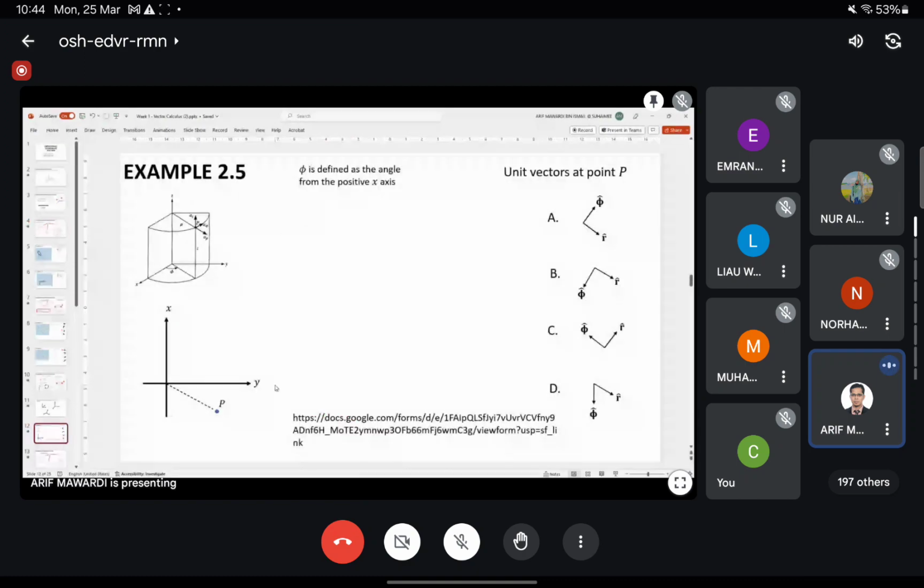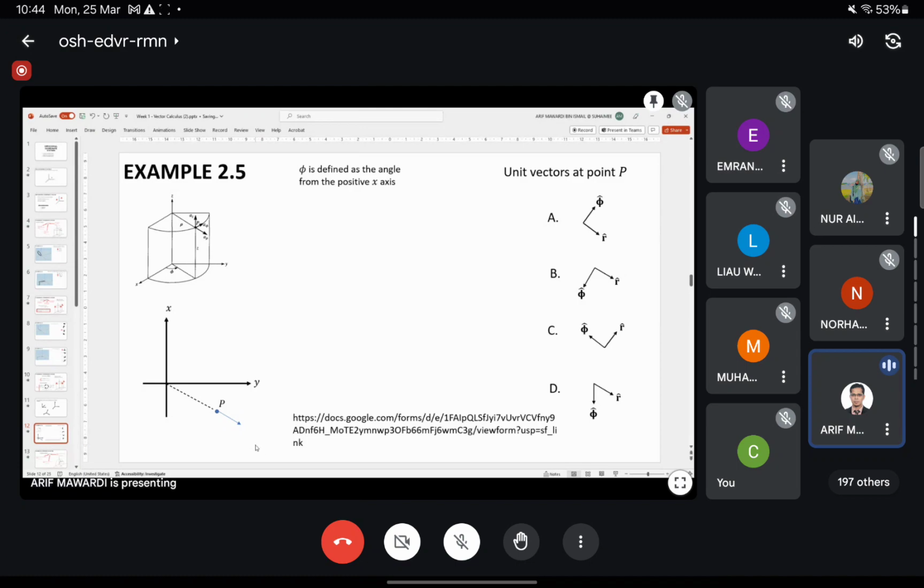Therefore, if we sketch our coordinate system like this, the definition of r is still the same. r is still defined as the distance from the z-axis, so this will be your r. Therefore, in this sketch here, the direction of the unit vector will be along this direction.